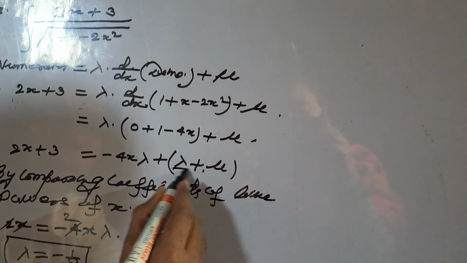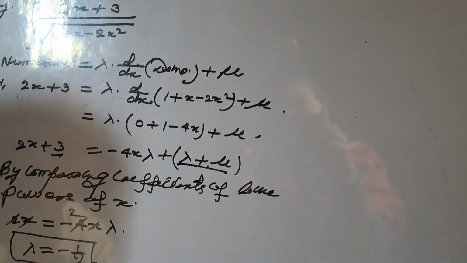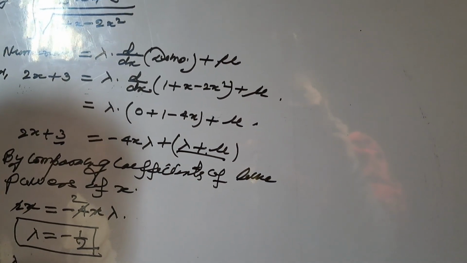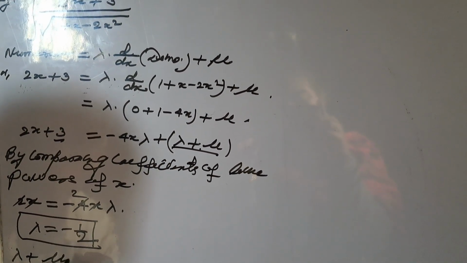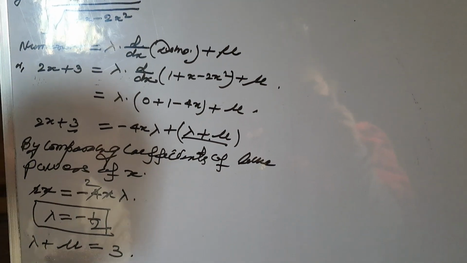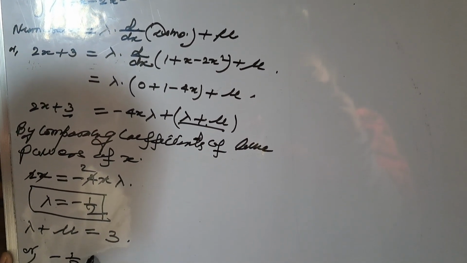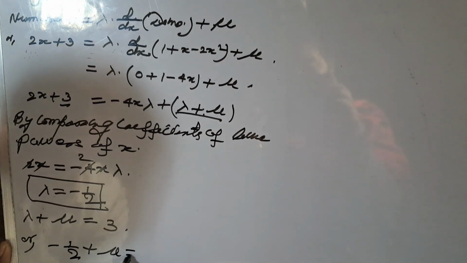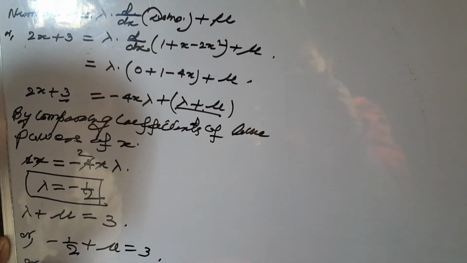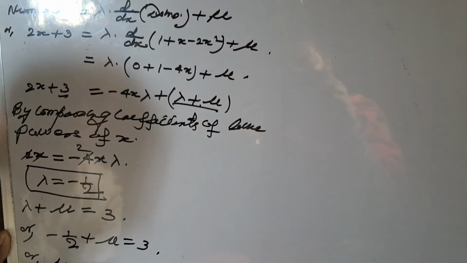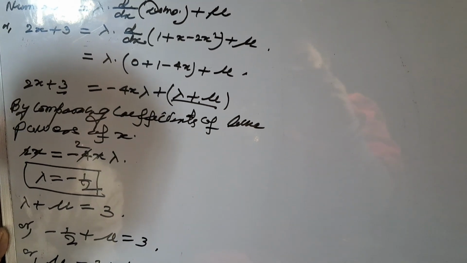Now comparing this with this, lambda plus mu is equal to 3, and lambda is minus 1 by 2 plus mu is equal to 3. Then mu is equal to 3 plus 1 by 2.